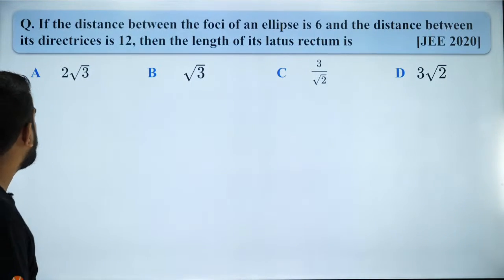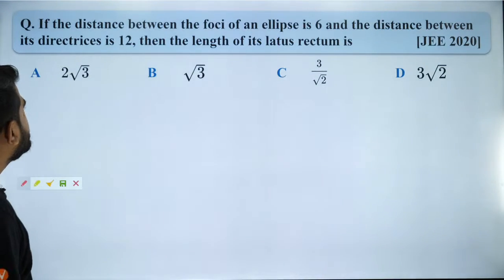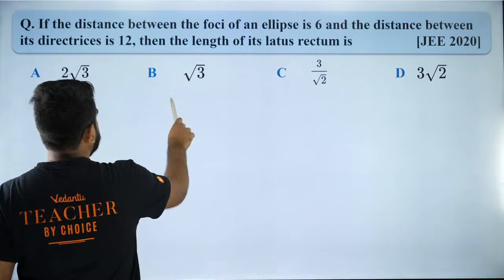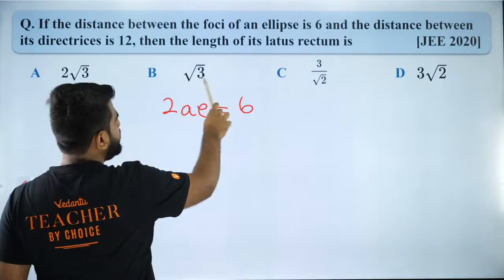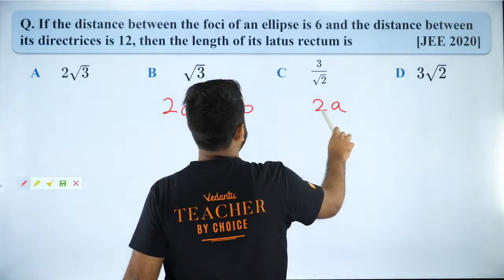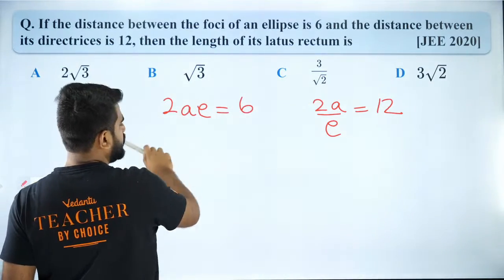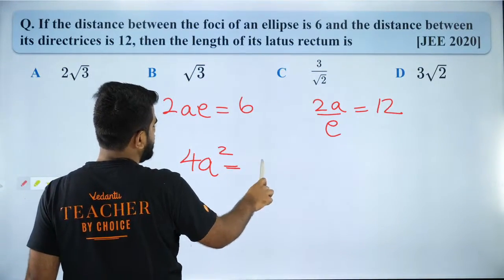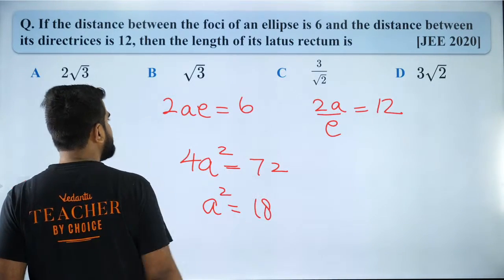Okay, so people, what is the latus rectum? You have to find the latus rectum of an ellipse. The distance between foci is what? 2AE. That is equal to 6. And distance between directrices, which is 2A by E, is equal to 12. So multiply both. You will get what? 4A square is equal to 72. So A square is equal to 18. So this is your A square.